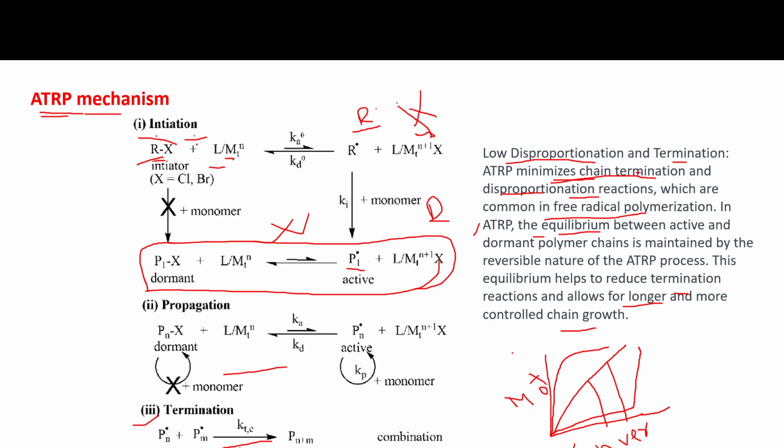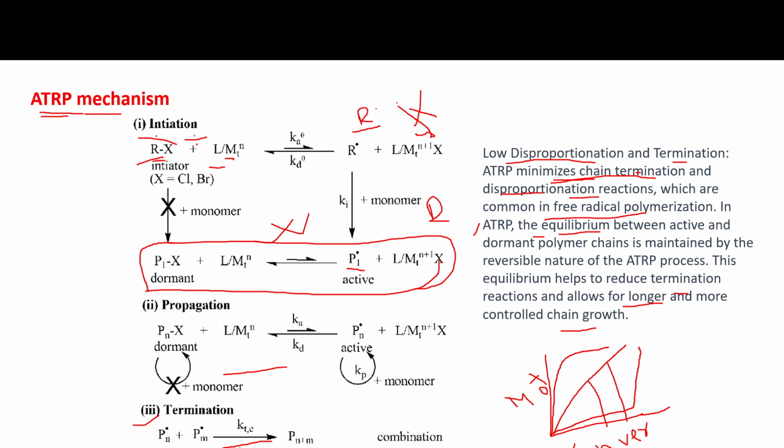Then we talked about the living polymerization technique. Among living polymerization techniques, ATRP is a technique where we can get a living polymer with the desired molecular weight. In addition or condensation polymerization, we cannot get a desired polymer weight because of the difference in kinetics. So if we want to control the kinetics, we have to go to a particular synthetic technique, which is the ATRP mechanism, atom transfer radical polymerization, developed by Matyjaszewski, where we take a metal ligand complex, take an electron from an alkyl halide, and form a radical.